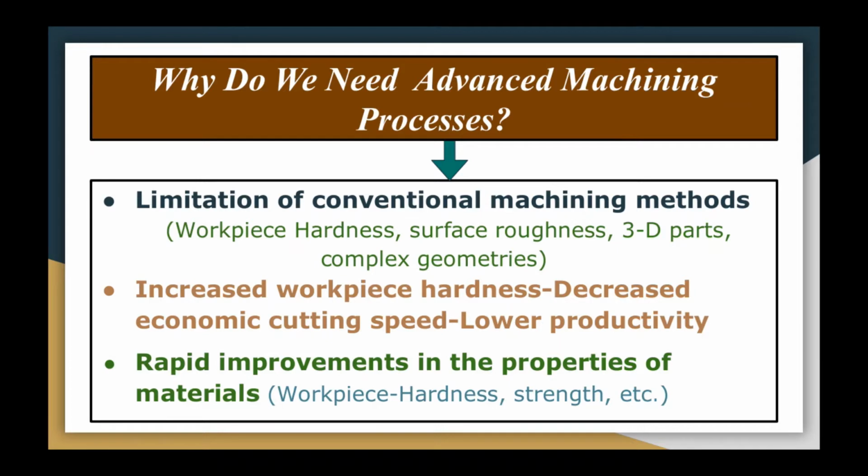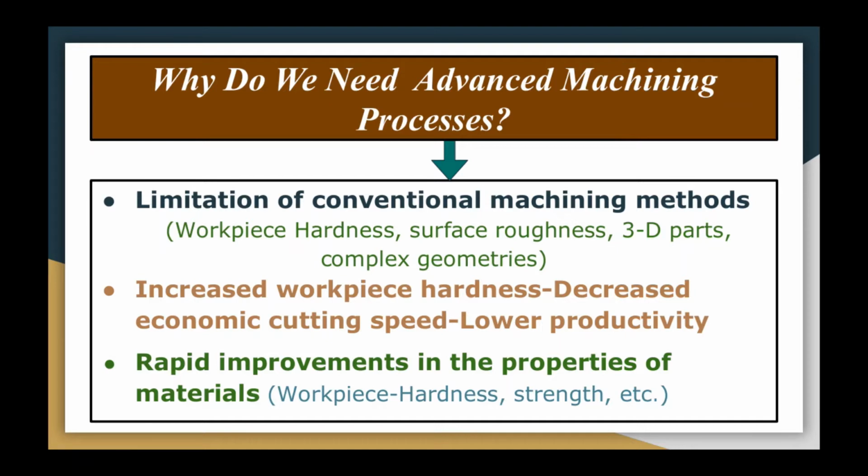There are various components which are 3D in nature, three-dimensional, just like turbine blades. The question arises how to make them by conventional machining methods, which is very difficult, because many of these 3D components are made of super alloys which are very hard, or have hardness as good as that of the cutting tool material also.